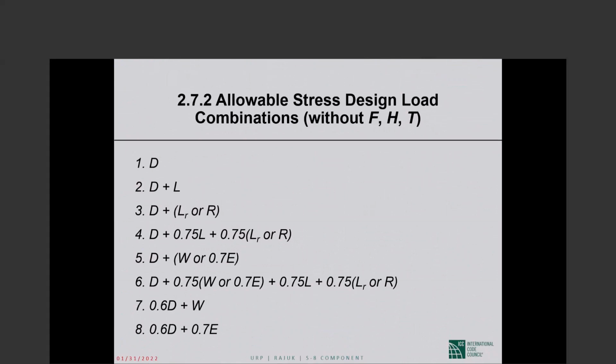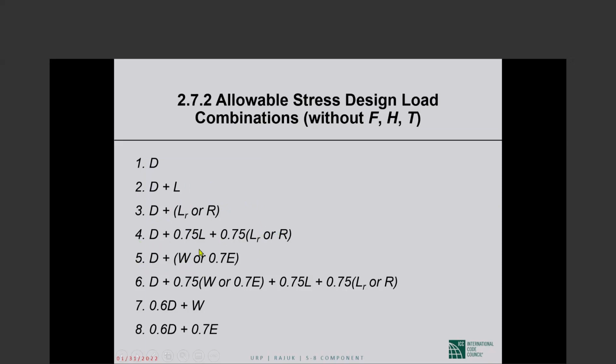So when we are dealing with just dead load, live loads, wind, earthquake, and rain, these are the ASD load combinations. Just dead load, dead plus live, dead plus roof live load or rain load, we consider the worst of the two. Dead load, live load, roof live load or rain.